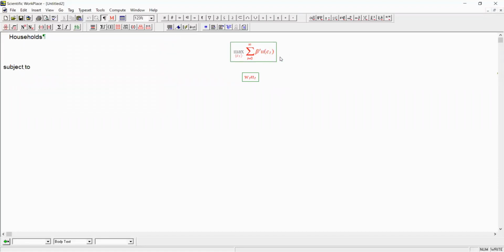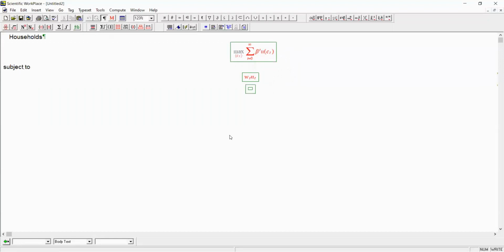Later on, we will include it because, of course, time that you spend not working is time that you can use to enjoy leisure. So leisure, the time left over after you finished working, could be in the utility function. It's not there.